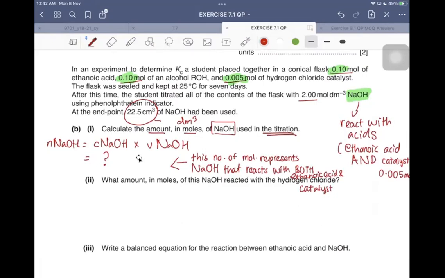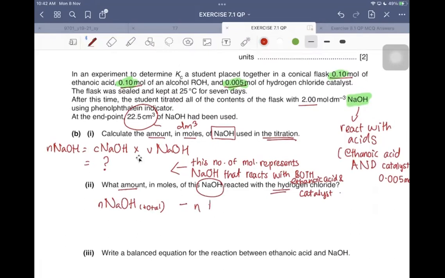Okay, so what amount in moles of the sodium hydroxide reacted with the hydrogen chloride only? So what you can do is take the number of moles of sodium hydroxide total, which is your answer from question B, part 1, minus number of moles of hydrogen chloride, which is your catalyst.